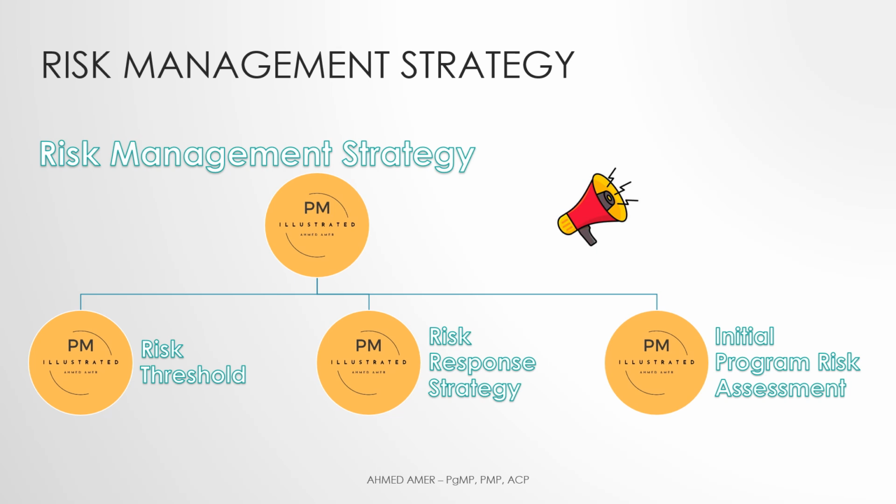Strategic alignment requires program risk thresholds to take into account the organization's strategy, including its organizational risk appetite and risk threshold. Risk appetite is an assessment of the organization's willingness to accept and deal with risks.